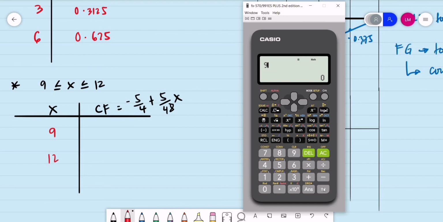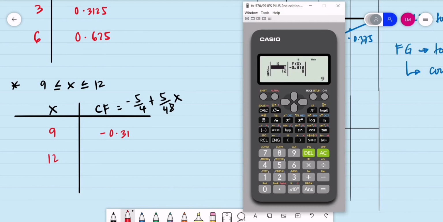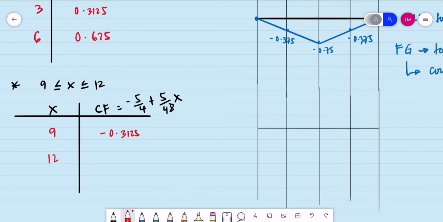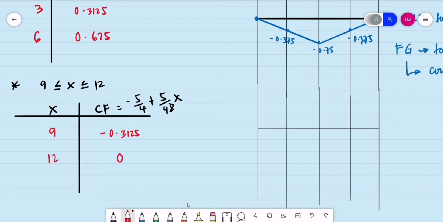We are starting at 9, ending at 12, and the step is every 3 meters. So at 9, that's negative 0.3125 I think. Then at x equal to 12, that will be 0.